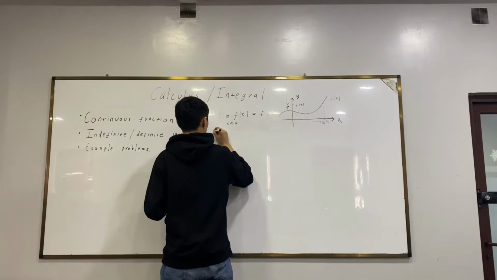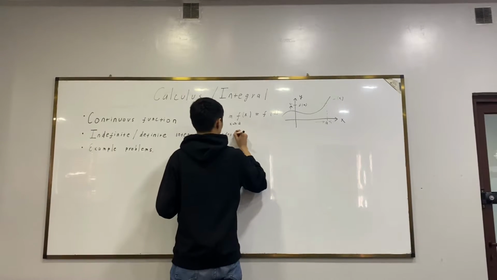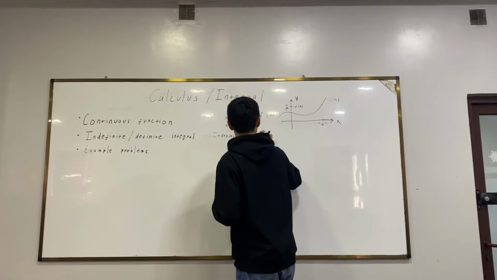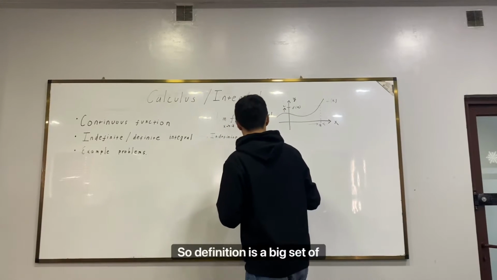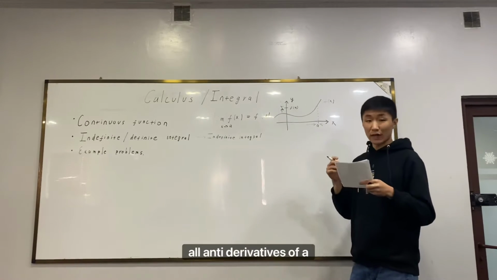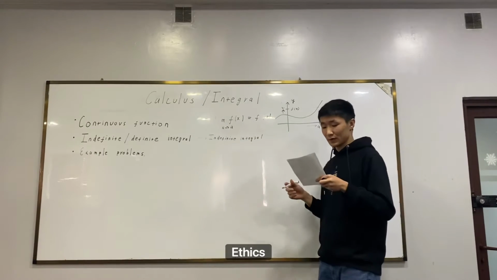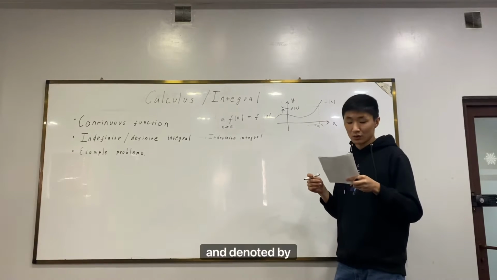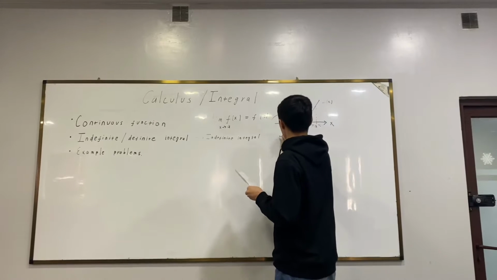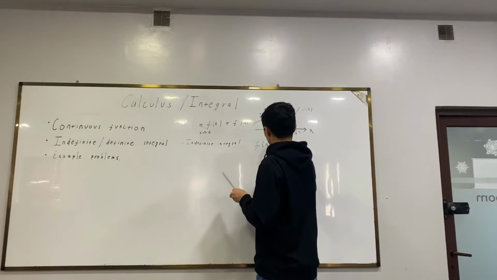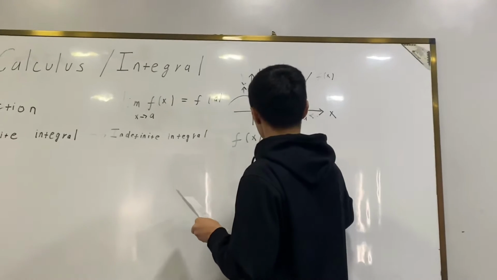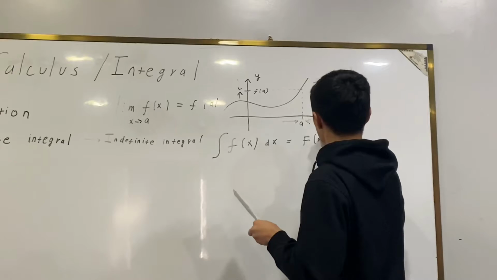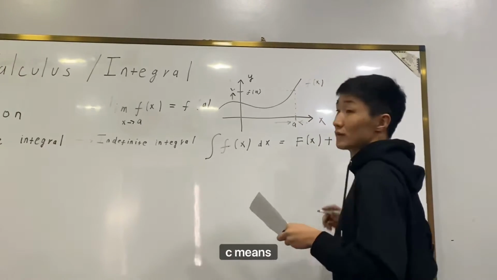The definition: the set of all antiderivatives of a function f(x) is the indefinite integral of f(x) with respect to x, denoted by the integral of f(x) dx equal to big F(x) plus C. C means constant.